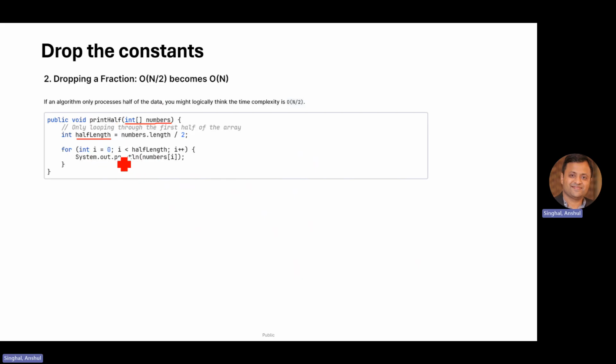And then I am going till half and printing the value. Technically speaking, the complexity of this is order of n by 2. But then we can drop the constants and it will still be order of n. Okay.